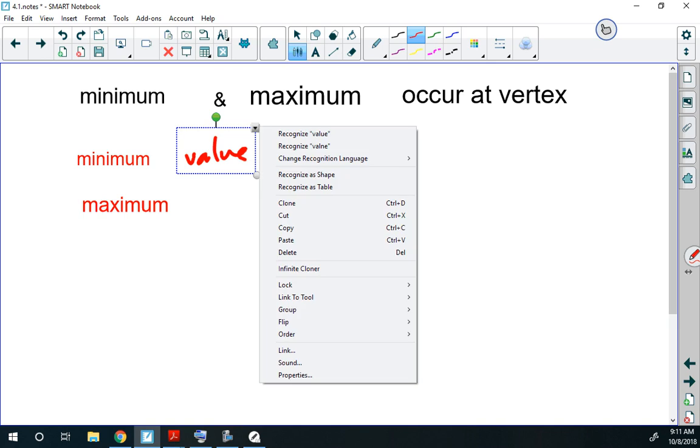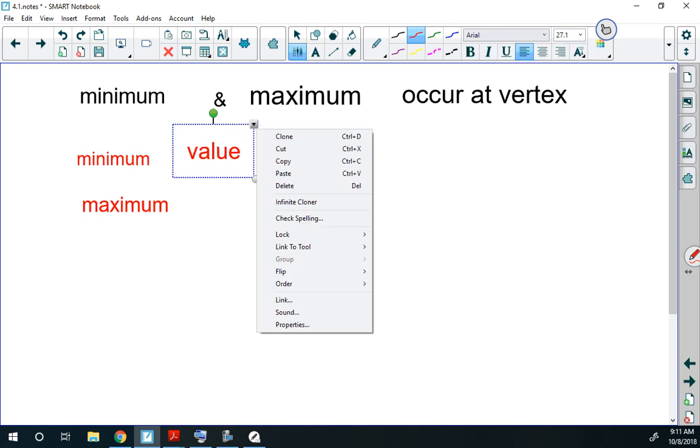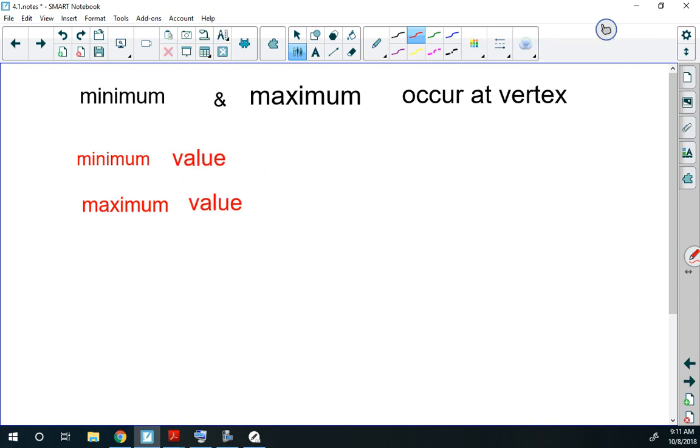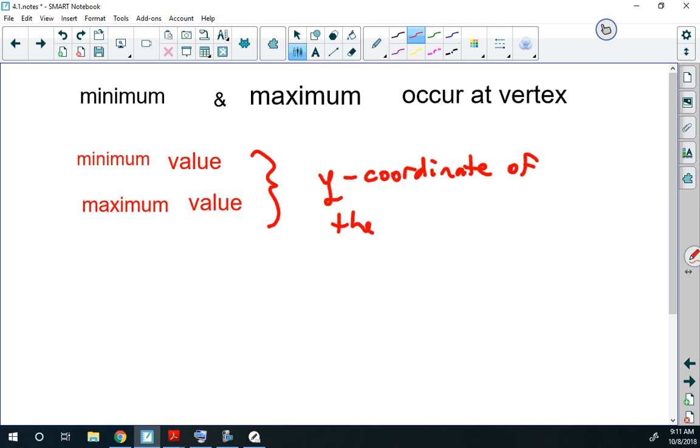What's the minimum value? What's the maximum value? And to be real clear about this, the minimum value, the maximum value, both of these are the same kind of thing. It's the y coordinate of the vertex.